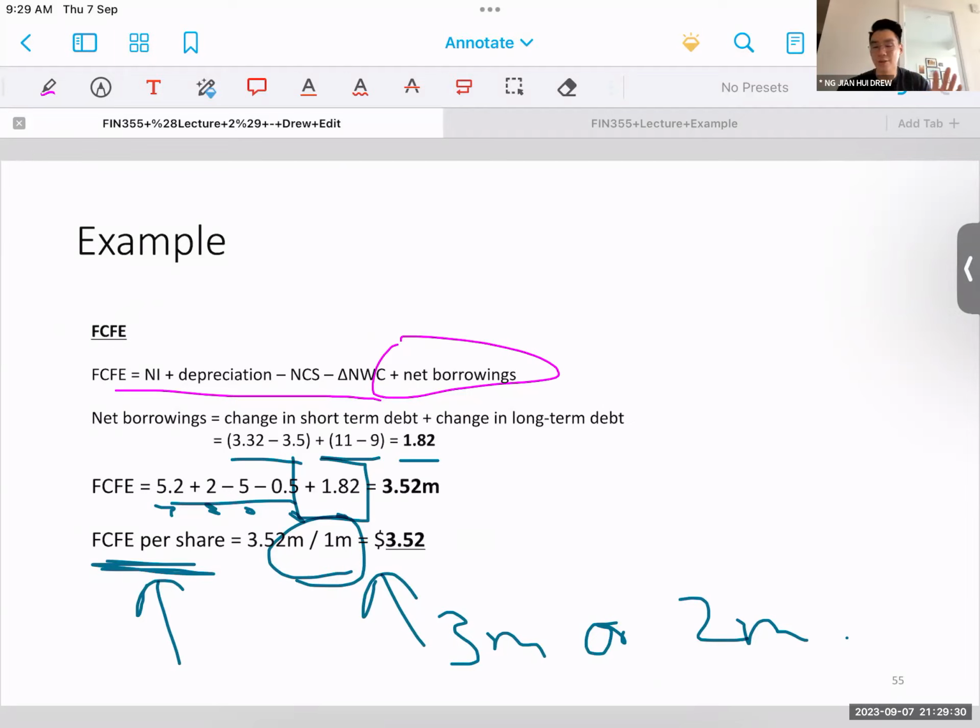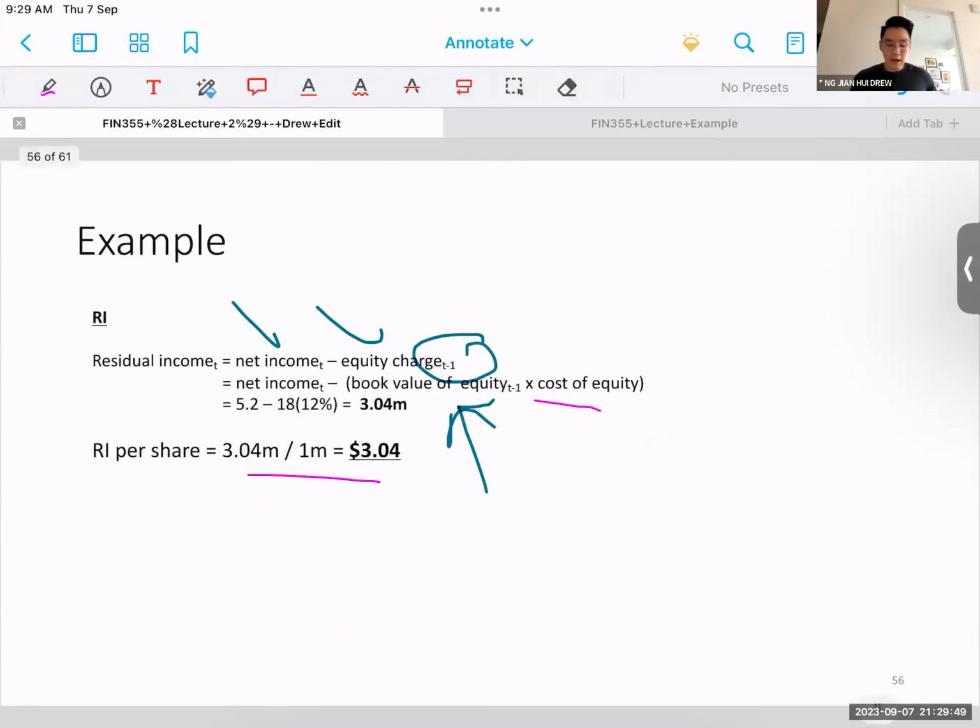So this is not a full valuation question, but it basically just shows you how you calculate FCFE per share and residual income. But you can see the residual income amount is less because you include the implicit costs that we have to consider. Okay, that's just a quick, simple example.